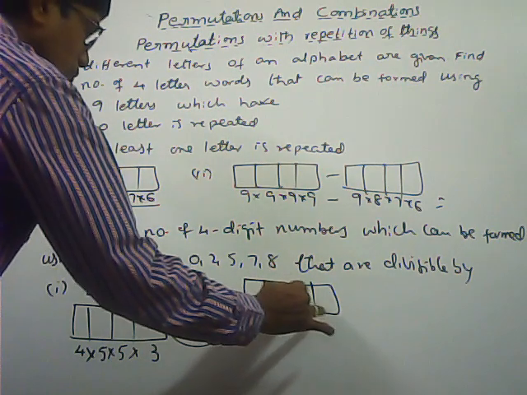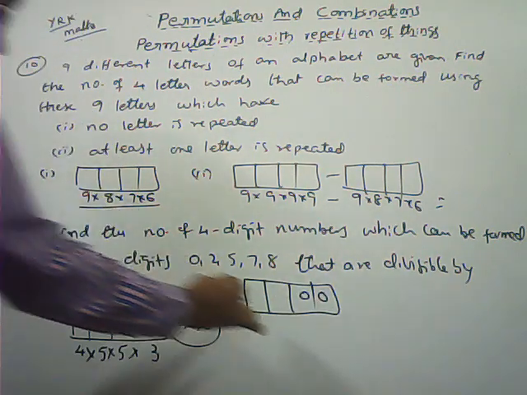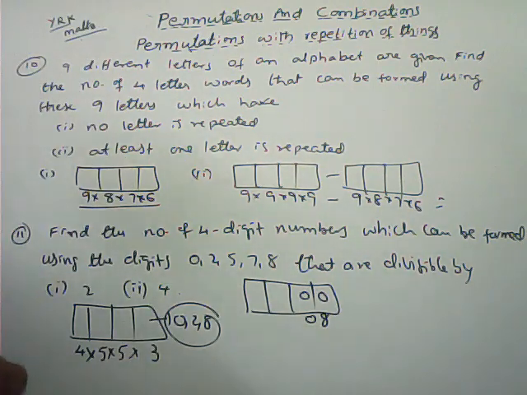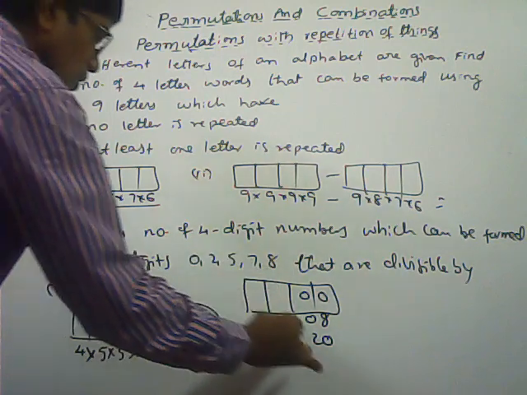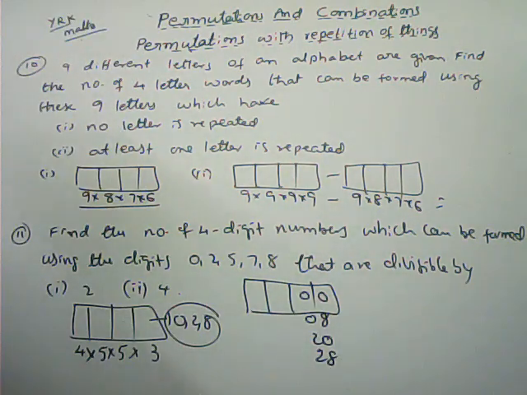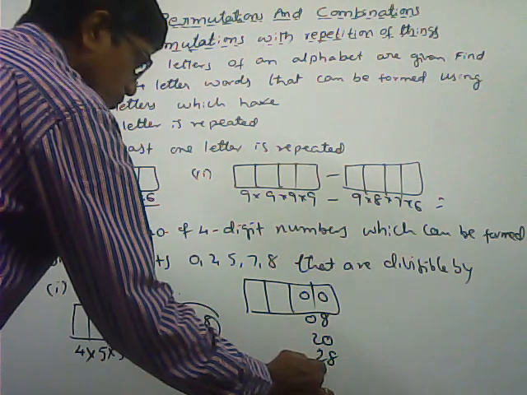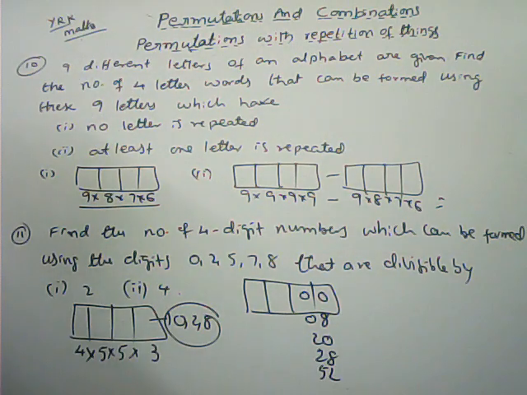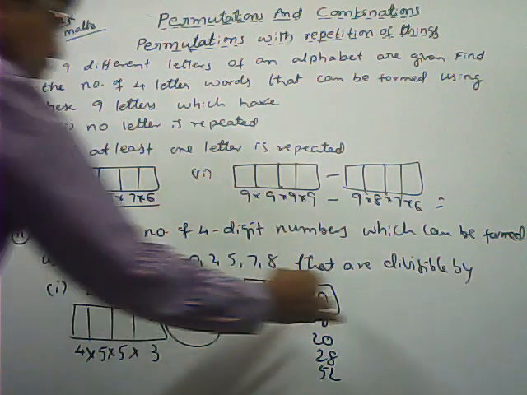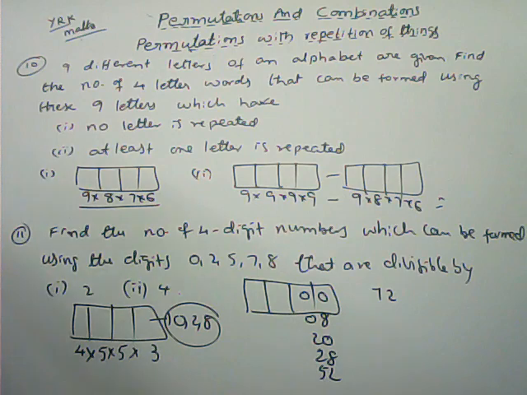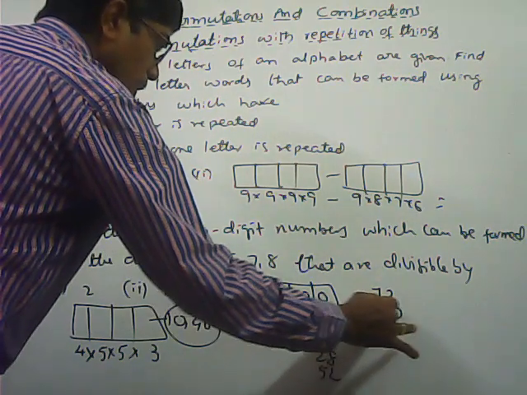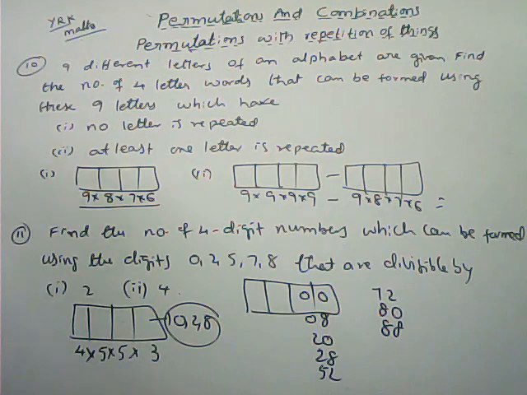So here I can keep 00, 04, 08, 20, 24, 28, 40, 44, 48, 52, 54, 58, 72, 75, 78, 80, 88. These we can get.